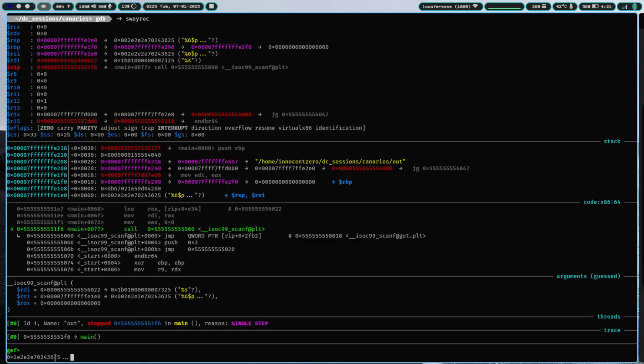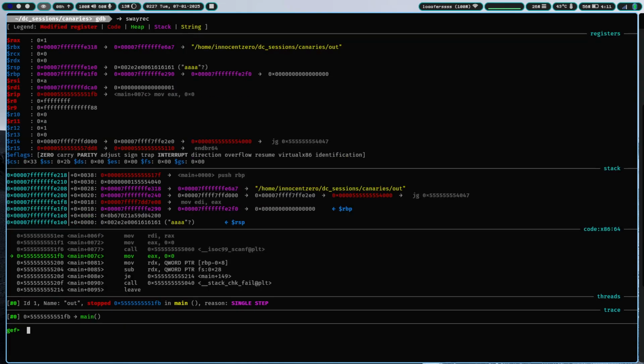So this is six. This is percent. This is six. This is dollar. This is p, I guess. Yeah, this is dot dot dot. I just filled it with a because who cares? So percent 6 dollar gives you this very naturally.